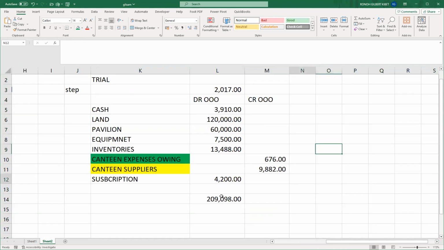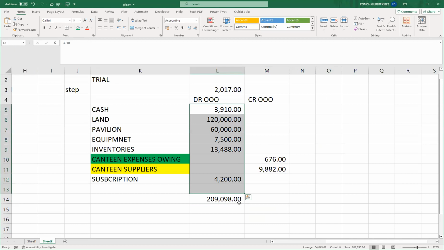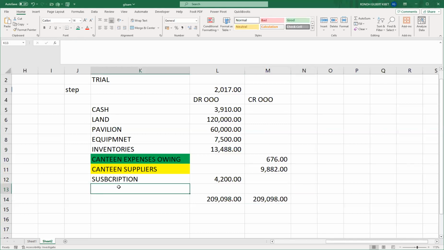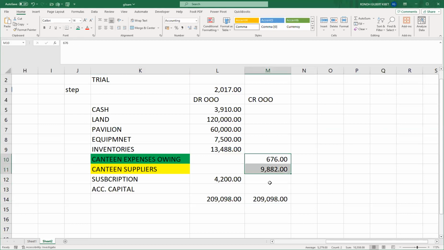So debit is more, that is 209,098, which would be the same with credit. So now the balancing figure here will be our accumulated capital. The balancing figure here will be accumulated capital, which I will subtract.